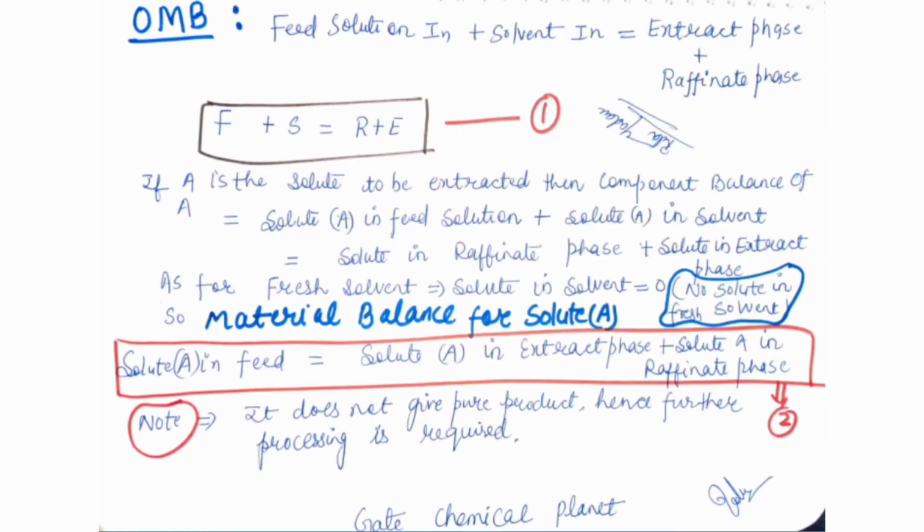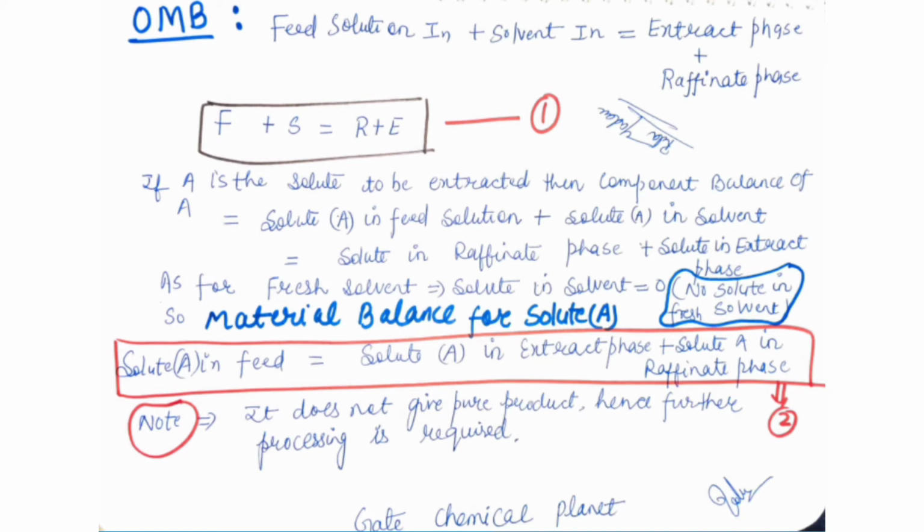Now we will see how to write the overall material balance equation for the extractor unit. What are the inlets here? There are two inlets. And how many outlets? There are two outlets. The inlets are the feed solution coming into the extractor and the solvent coming into the extractor.